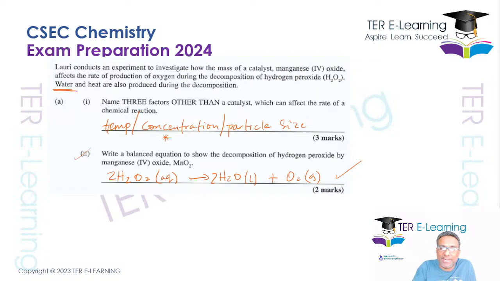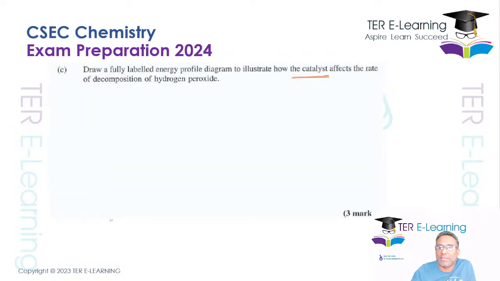They said in this reaction, water and heat are produced. So if heat is produced, what kind of chemical reaction is that? Could you tell me, is it endothermic or exothermic? All right, people saying exothermic, excellent. That's what it is.